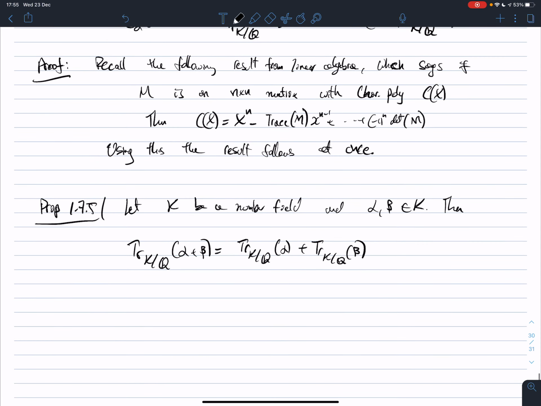And the norm of alpha times beta is the norm of alpha times the norm of beta.